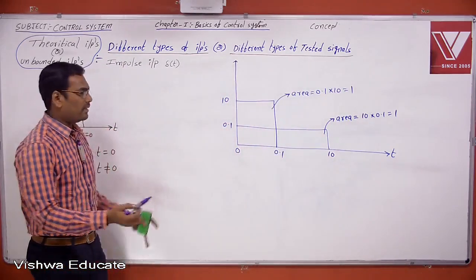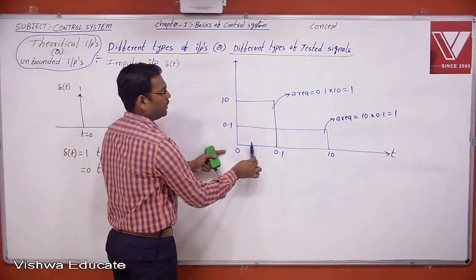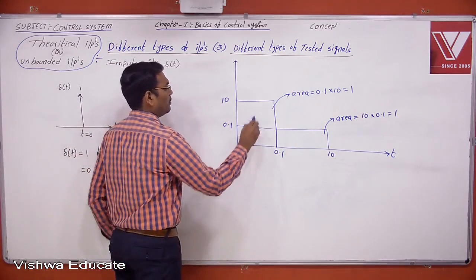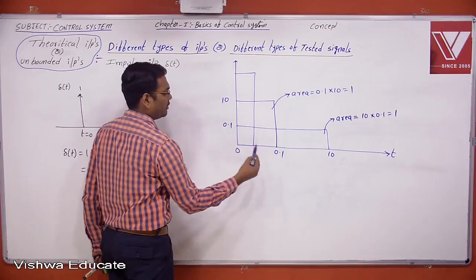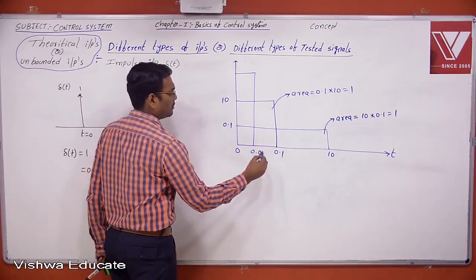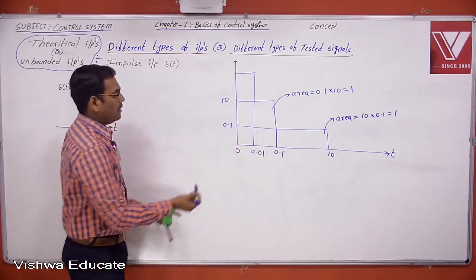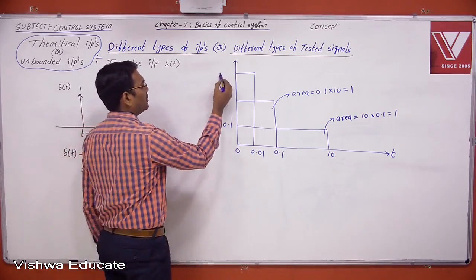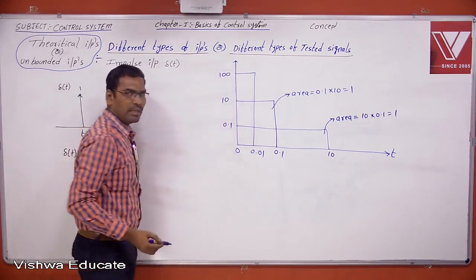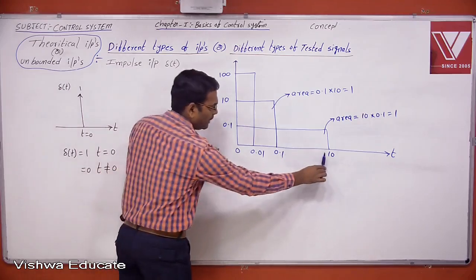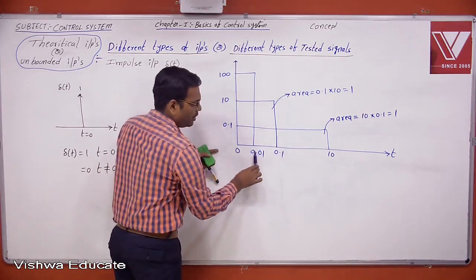Then further, again I am reducing this pulse width from 0.1 to 0.01, and this height or amplitude is equal to 100. Then I am reducing the pulse width 10 to 0.1, 0.1 to 0.01.